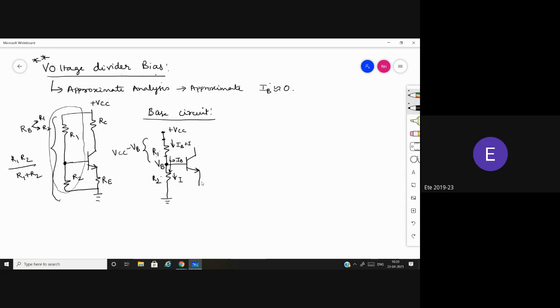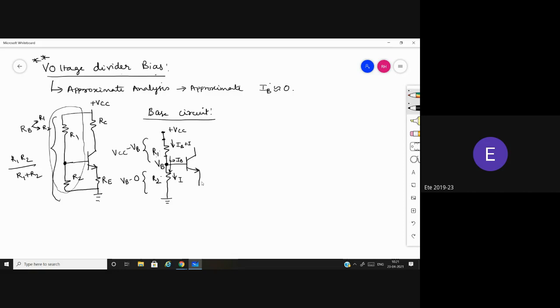Here it is VCC, here it is VB. When I take the voltage across R2, it is VB minus 0. So the voltage at this point is known to be VB, the same voltage lying across R2.